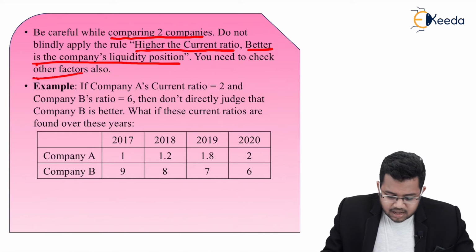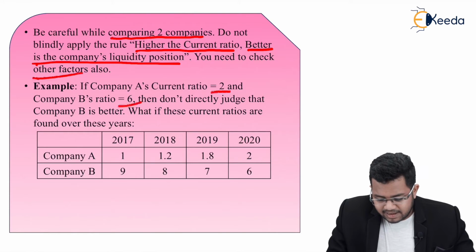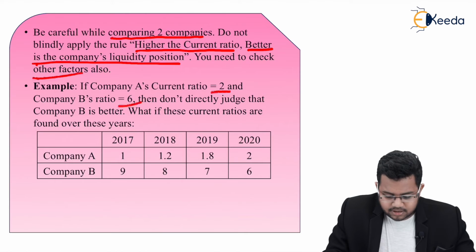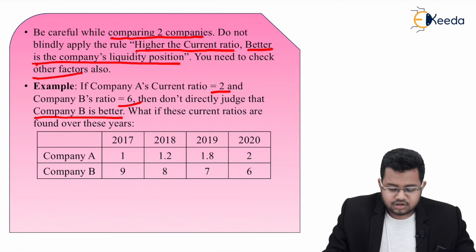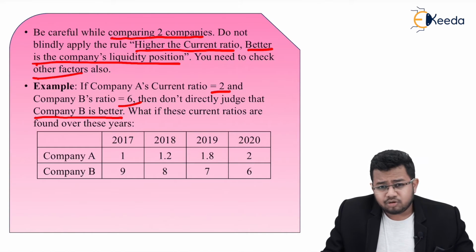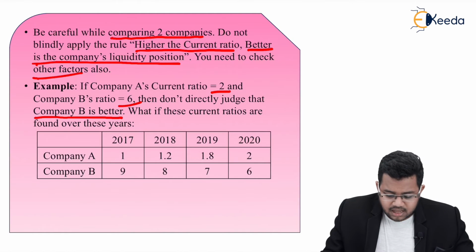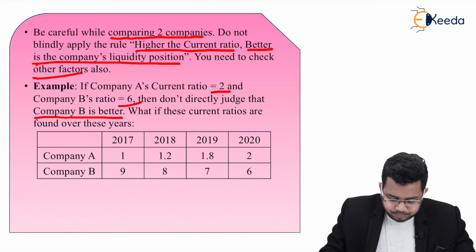If company A's current ratio is 2 and company B's current ratio is 6, then don't directly judge that company B is better. See, normally when I'm comparing two companies, तो जिसका current ratio higher है, that should be better normally. But in this question, I have shown you a scenario where that might not be true.